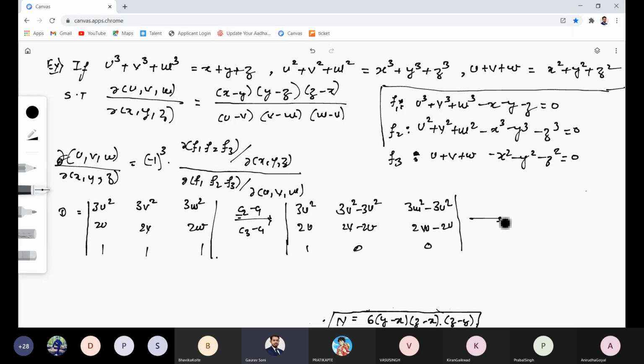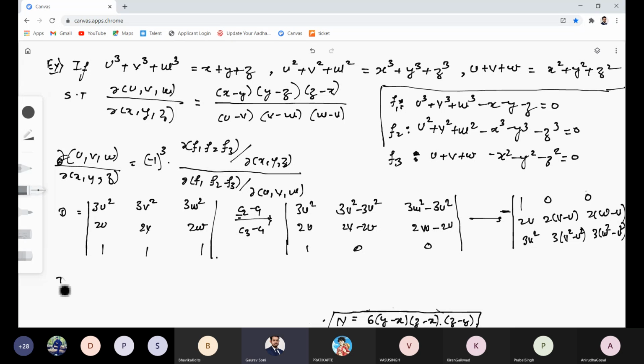Again, I can interchange the rows, but when you interchange, the determinant is minus of whatever it was earlier. 1, 0, 0, 2u, 2 times (v minus u), 2 times (w minus u), 3u square, 3 times (v square minus u square), 3 times (w square minus u square).